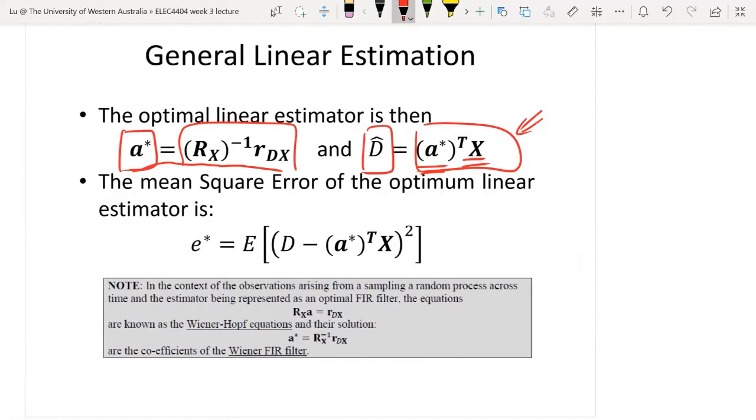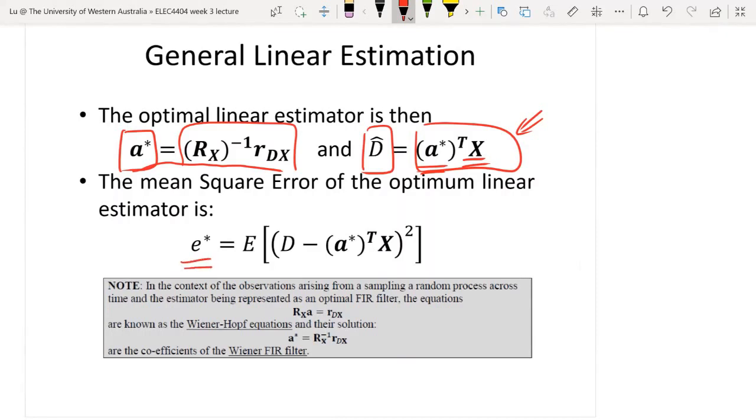Now we have already designed our linear minimum mean square error estimator, and produced the estimation by using this estimator. But after you produce your estimation, what is the estimation error? Or in other words, what is the minimized mean square error? That is given here.